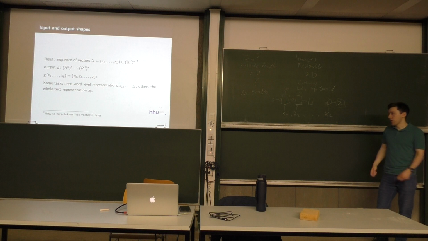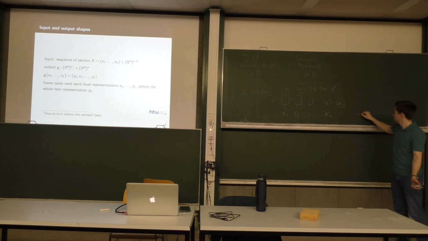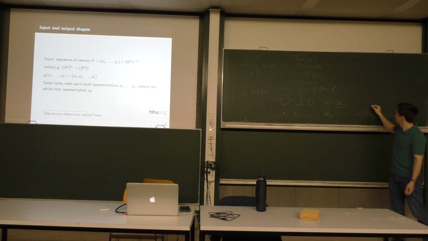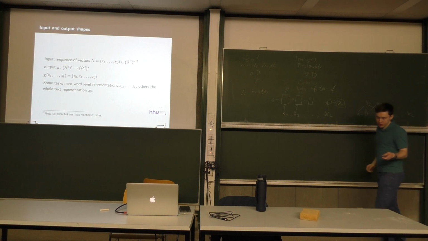And other things that you can do are one-dimensional convolutional networks. So basically the same as with images. You can have a kernel which takes some fixed number of tokens and combines them somehow into the output. And you can do this over multiple layers if you want. But this has the same problem with long-term interactions.